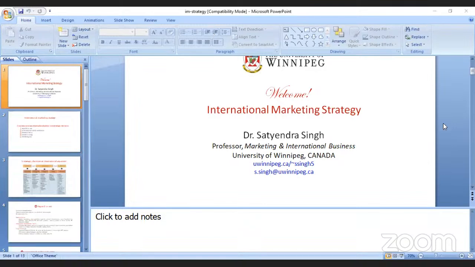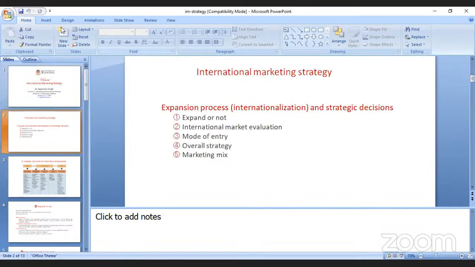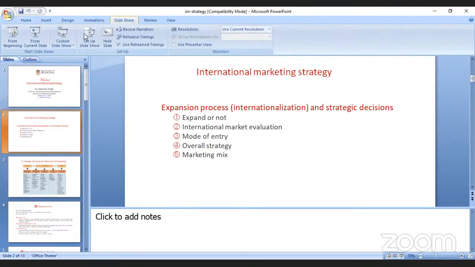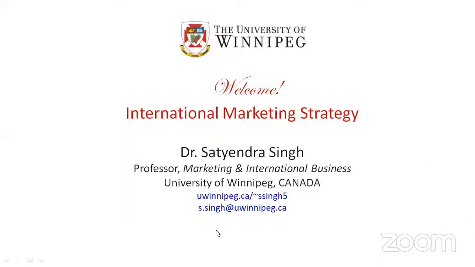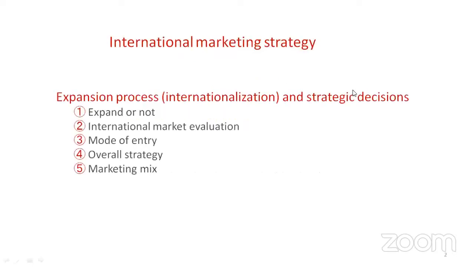And with the help of this university professor's PPT, I will explain international marketing strategy. Under this expansion process, international marketing strategy involves an expansion process and some strategic decisions.